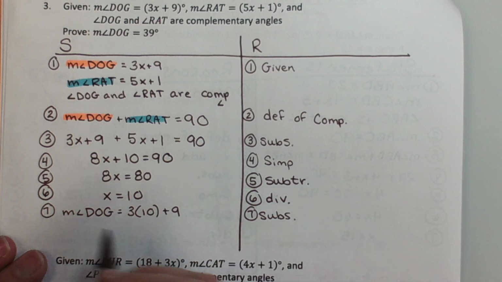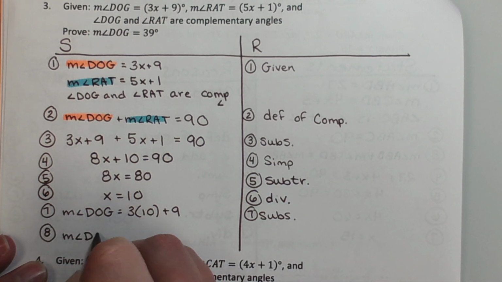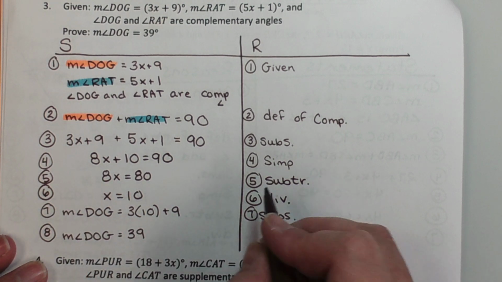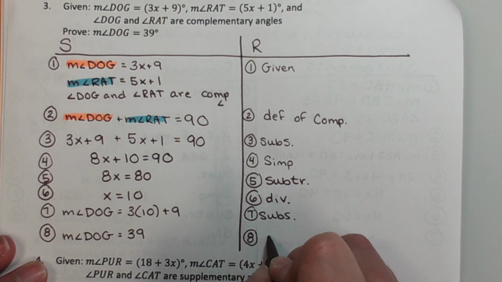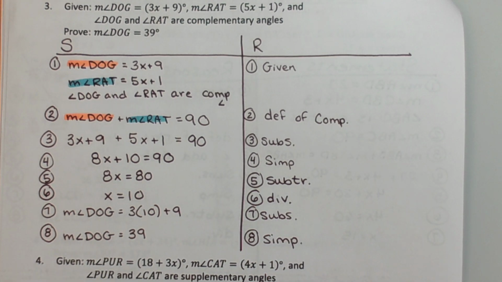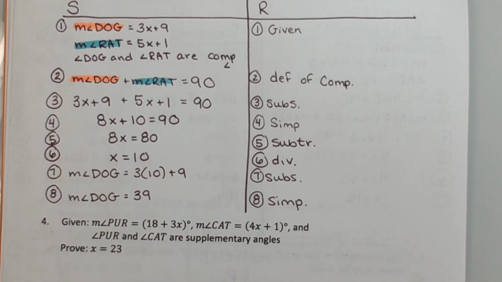I plug back in, which is substitution. I do the math to get there. 3 times 10 is 30 plus 9 is 39. Very much the same as what we were doing. We've just added some things to our proof in the form of words.